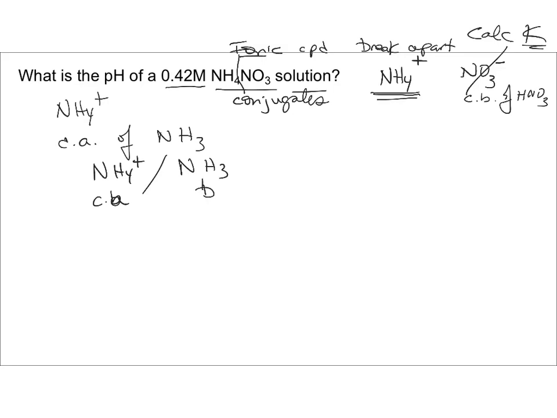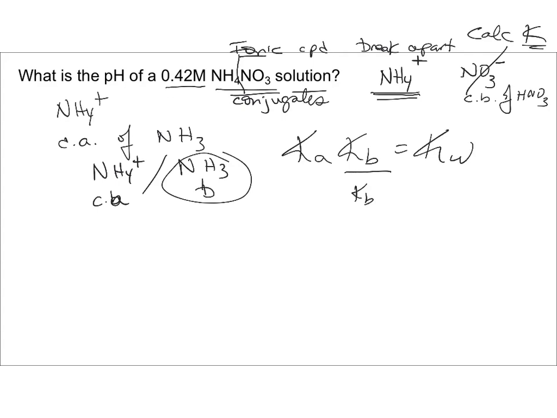We can look up the Kb for this, and we know that when we're looking at conjugates, our Ka times our Kb is equal to Kw. We look up the K for the one that is not the conjugate. K for ammonia, Kb, is equal to 1.76 times 10 to the minus 5. Just look it up in the back of your book.